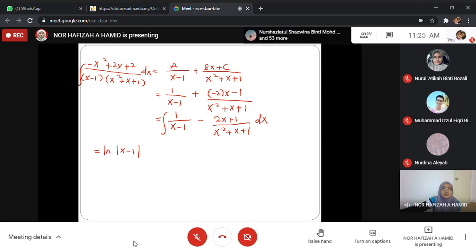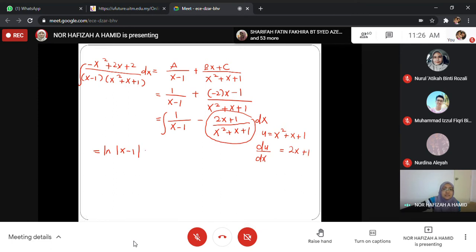Okay, so for the last fraction, you need to solve using the substitution method with u equal to x² + x + 1. So du over dx is equal to 2x + 1.